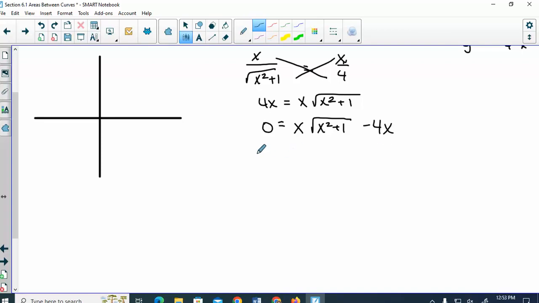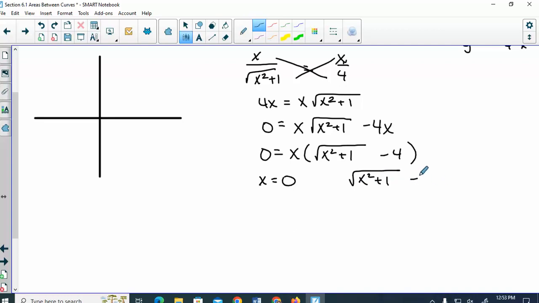Let's take out an x. I think that would be the easiest option. And then you have two things multiplied that equal 0, so you can set each of those to 0. So we know one of the points is 0, the other one.